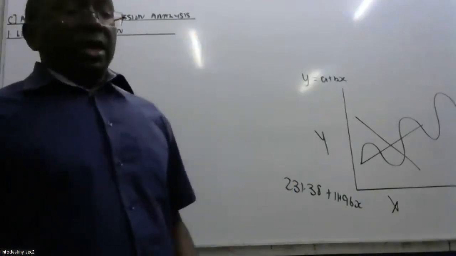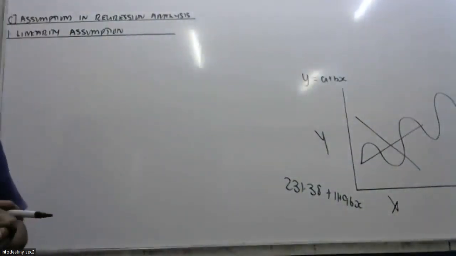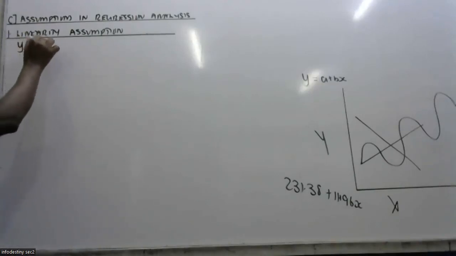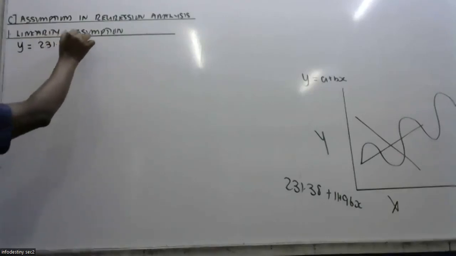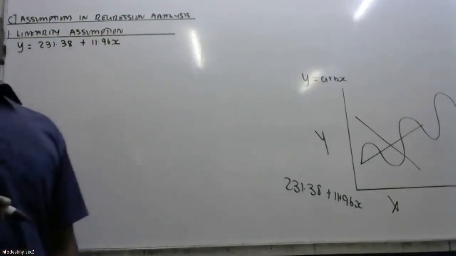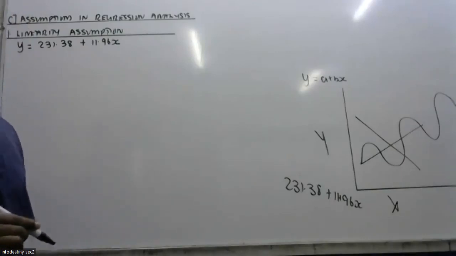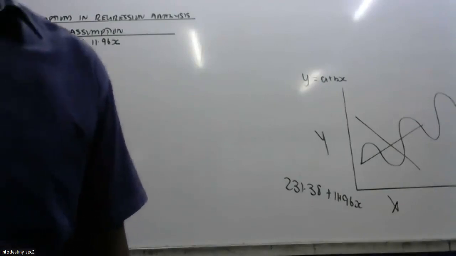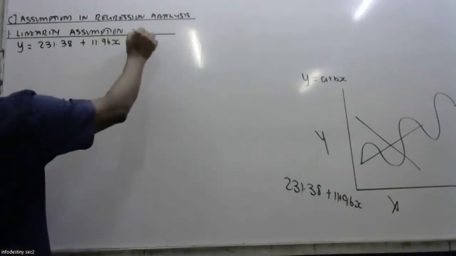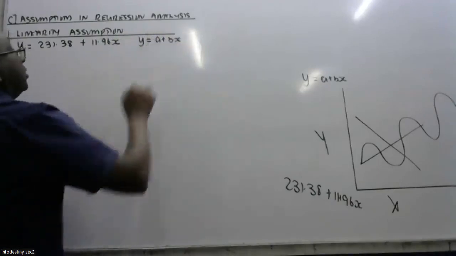Now we go back and write this. The above relationship is linear since the equation obtained, y is equal to 1.38 plus 11.96x, takes the form of a linear equation, y is equal to a plus bx.